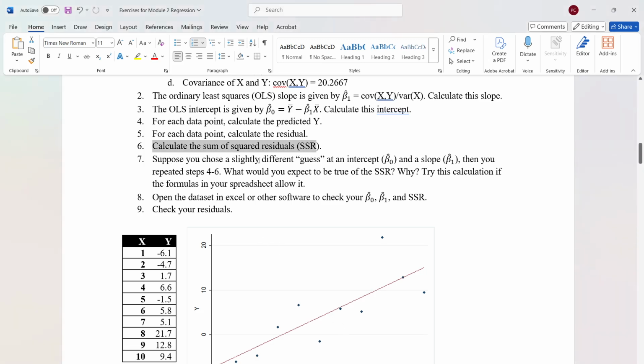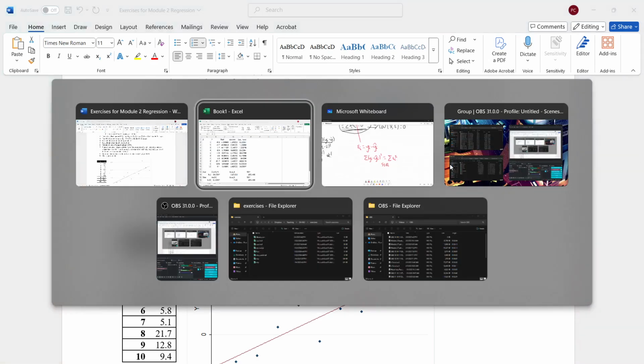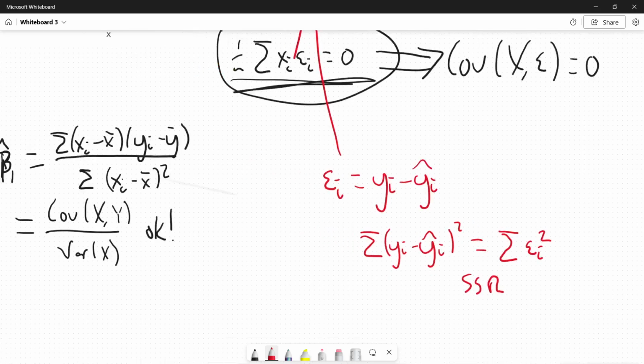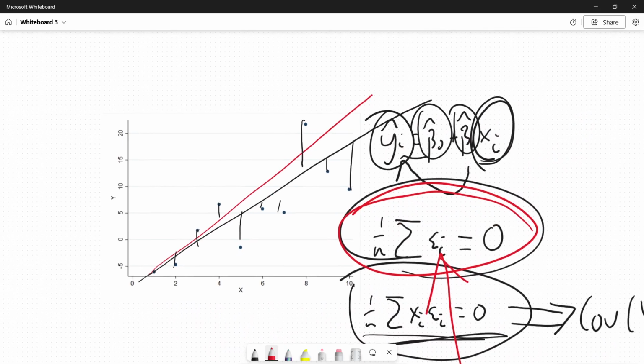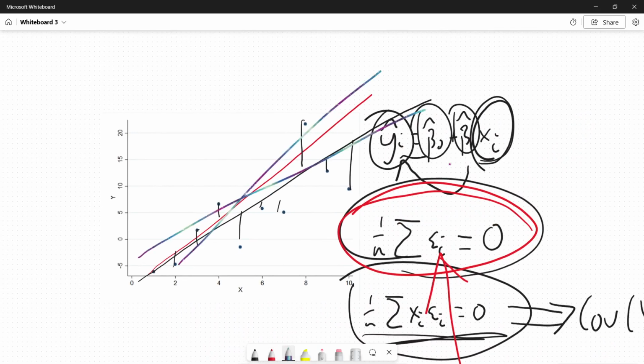Suppose you choose a slightly different guess at an intercept and a slope. Interesting. So I could have chosen a different line. There are an infinite number of lines in the universe that I could have put on this set of axes. So I come back to my picture and I say, well, I've got the red one here, I've got the black one there, and suppose maybe I chose this line or that line, some other combination of beta 0 hat and beta 1 hat.